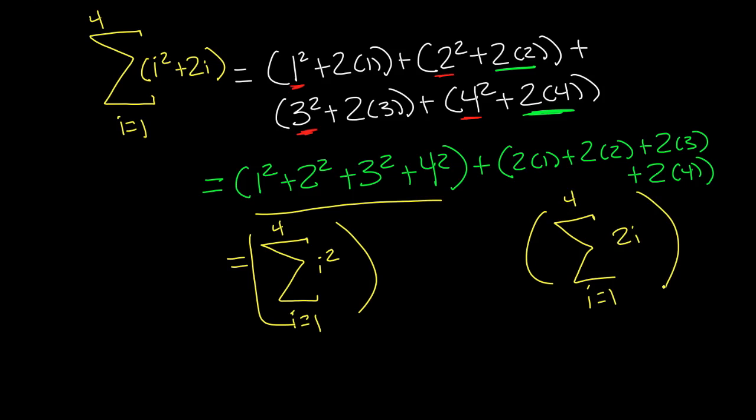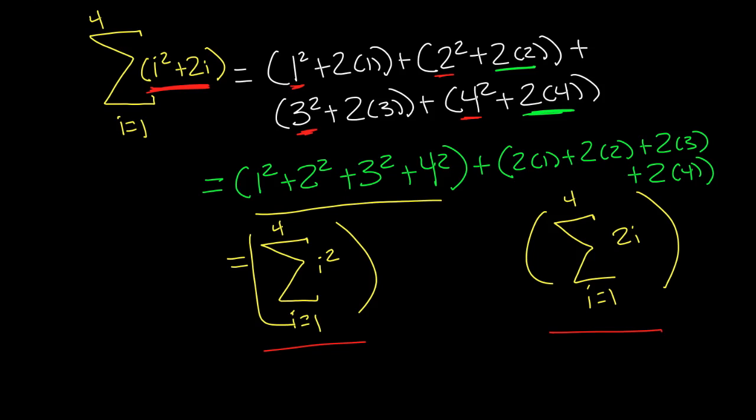Notice we have a rule here. I started off with a summation, and then there was something inside the summation which was broken up into two different things, i squared plus 2i. I can fragment that, break that up into two different summations should I want to. Why is that true? It's true because you can add up things in any order you want.